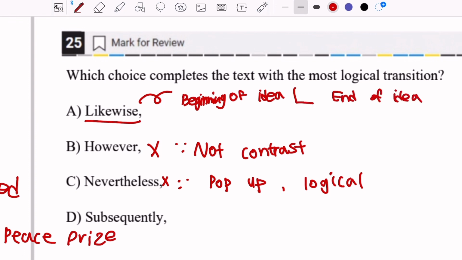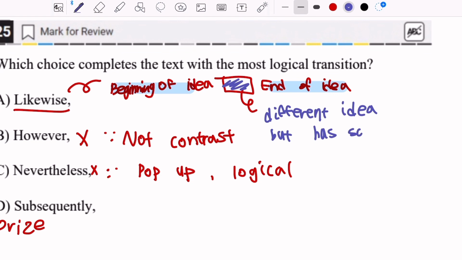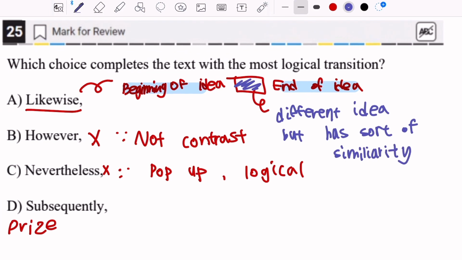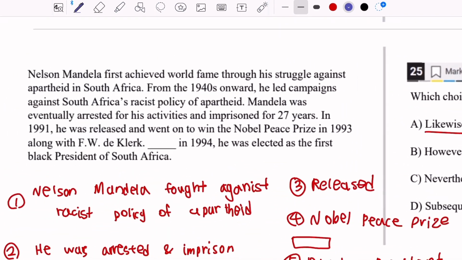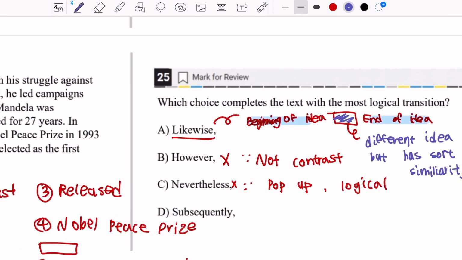And if there's a blank between them, and the blank wants to be likewise, they should be sort of kinda different ideas, but with sort of similarity. But in this case, yes, it has some similarity, but it's not some different idea.